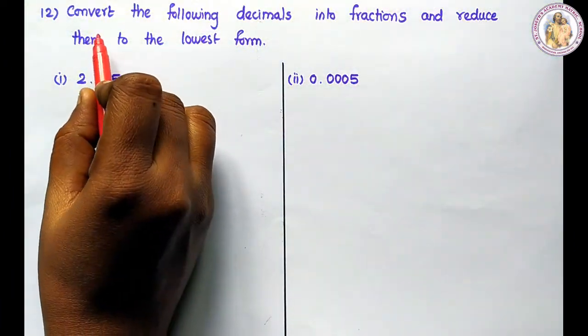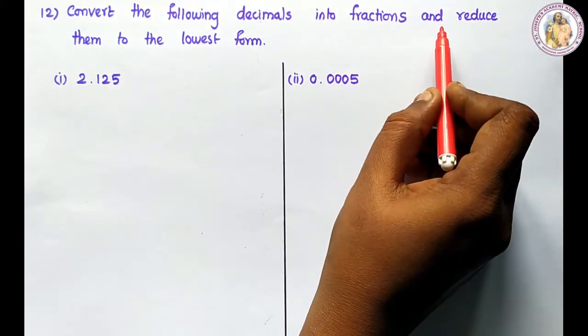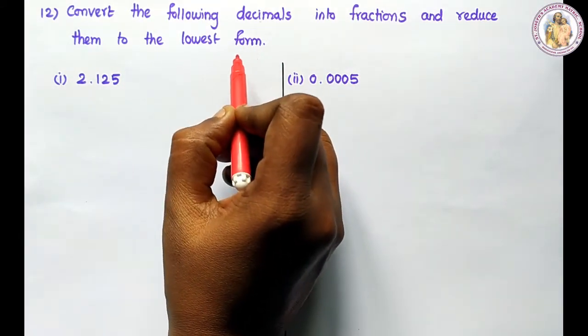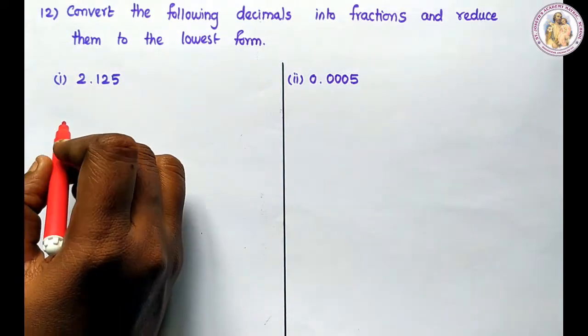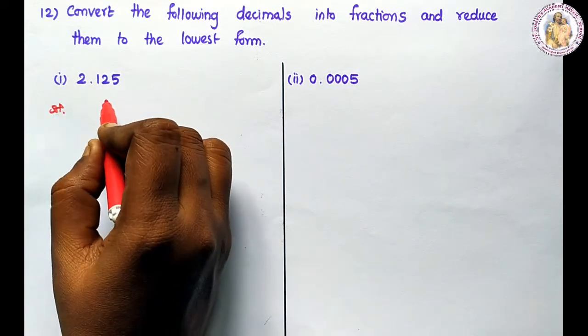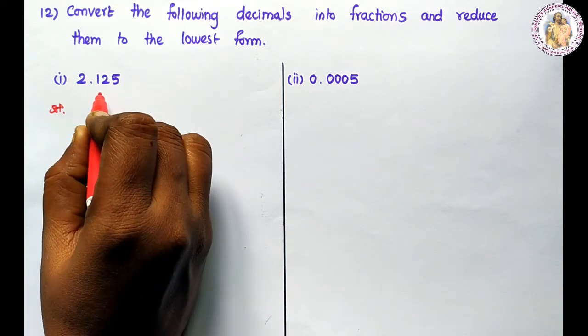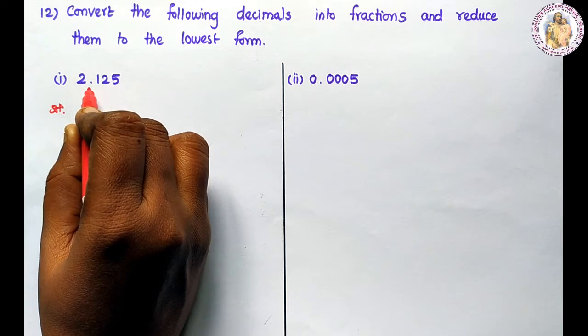12th sum. Convert the following decimal into fractions and reduce them to the lowest form. Listen. First we have to convert into fraction. How will you convert that? Write the numbers without the decimal point.